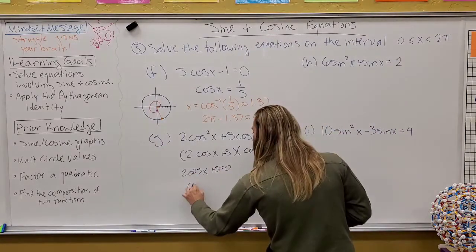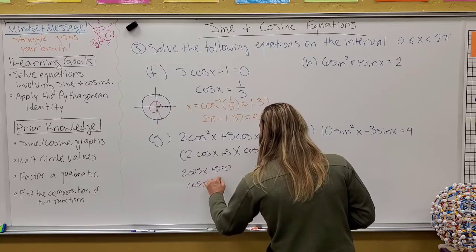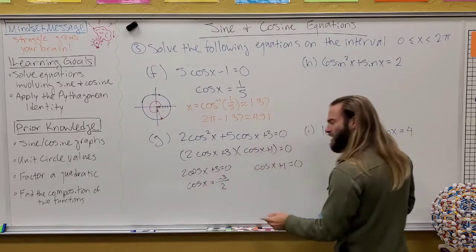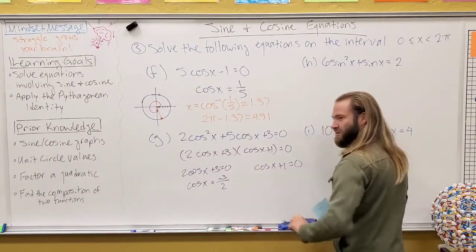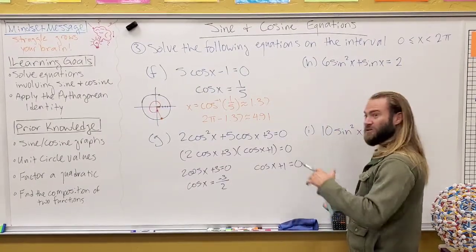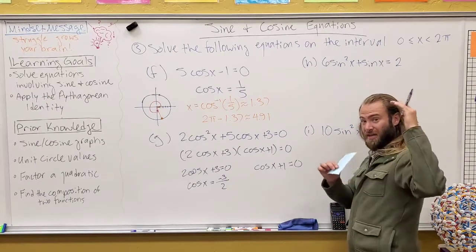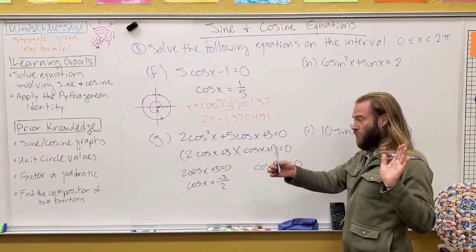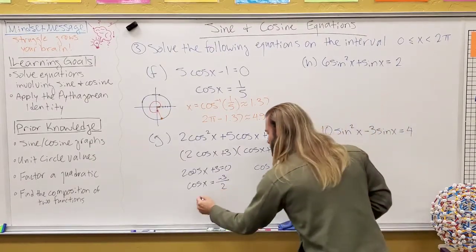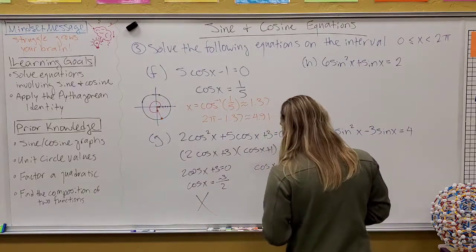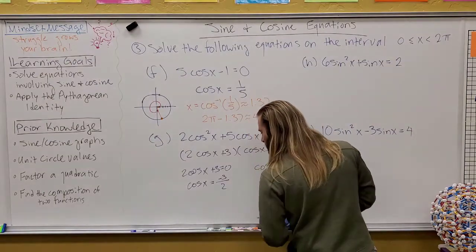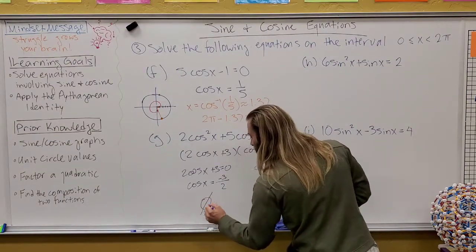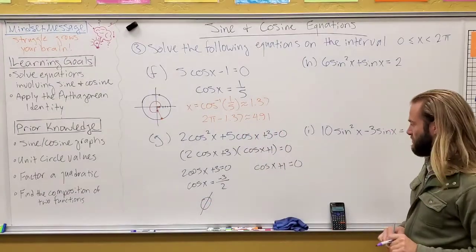So keep going with this. This leads to cosine x equals -3/2. And that looks like something we just saw. This is outside of our range from -1 to +1. So I'm just going to put a big old X there. There's no solution for that. We've talked about this before, that symbol often just means no solution as well.